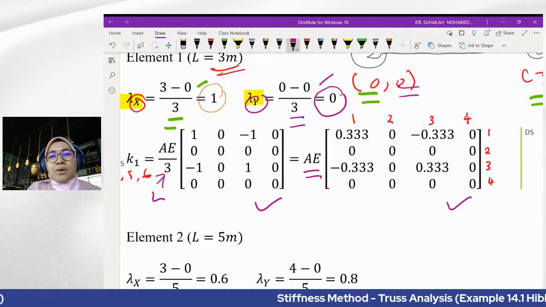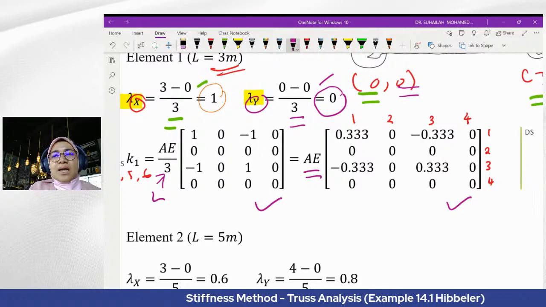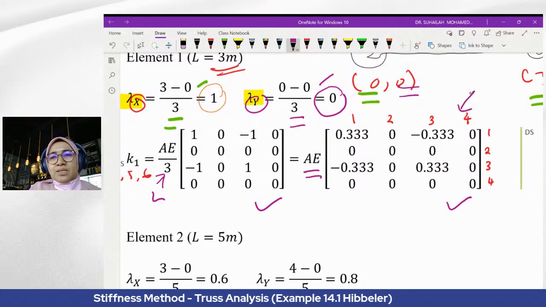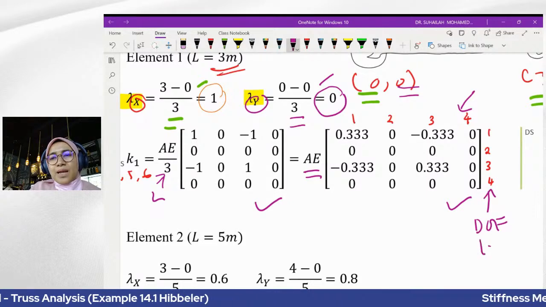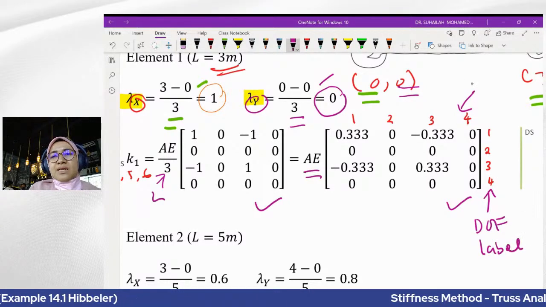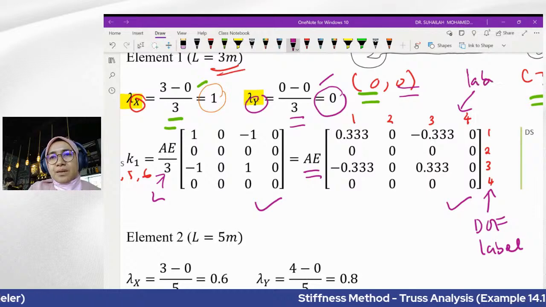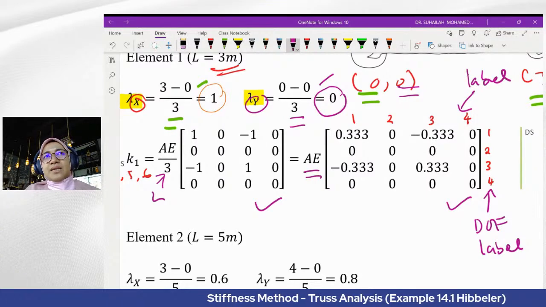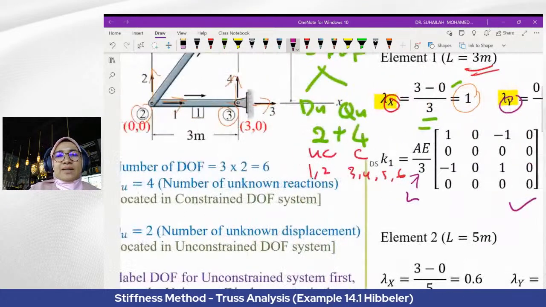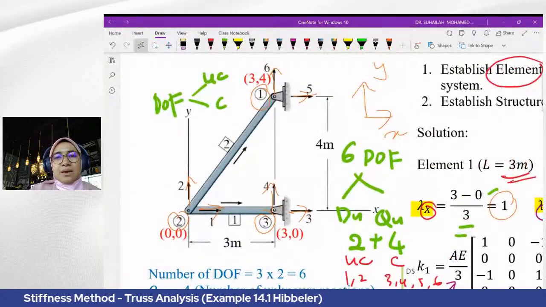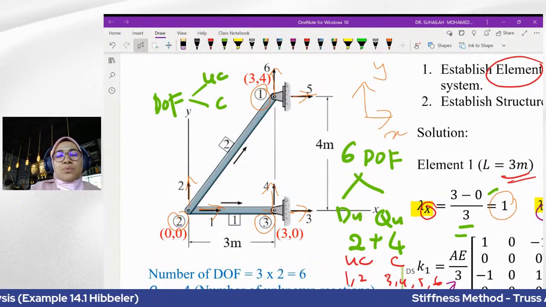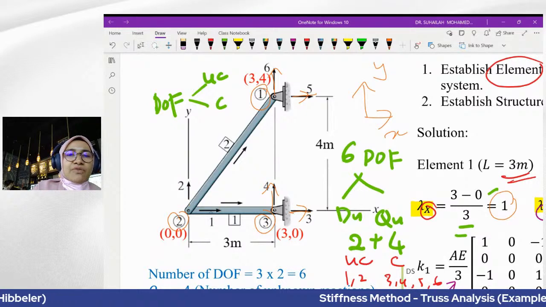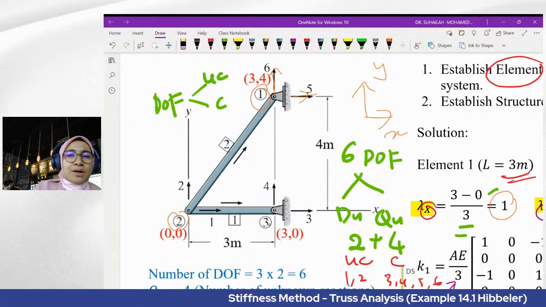What is most important is the degree of freedom label. What does it mean? This is the position. Inside the diagram just now we have 1 until 6. So we need to label the degree of freedom for element number 1.